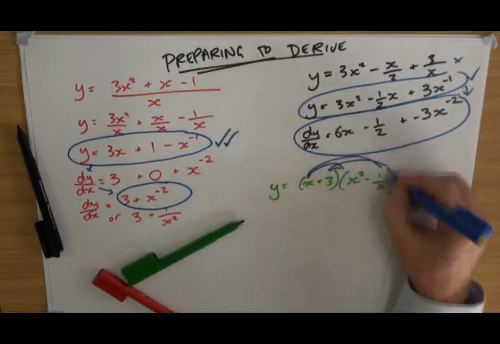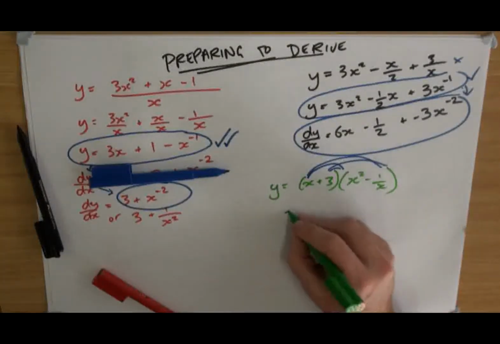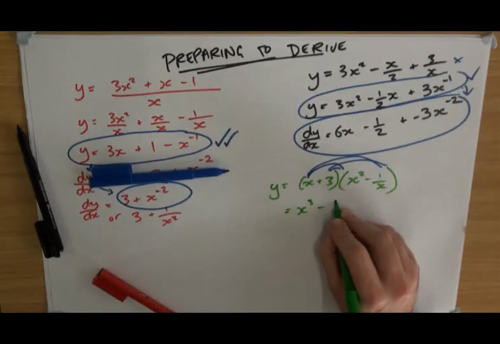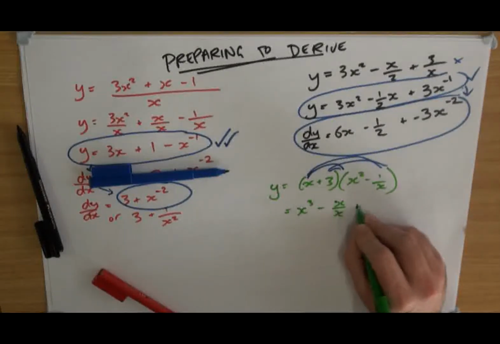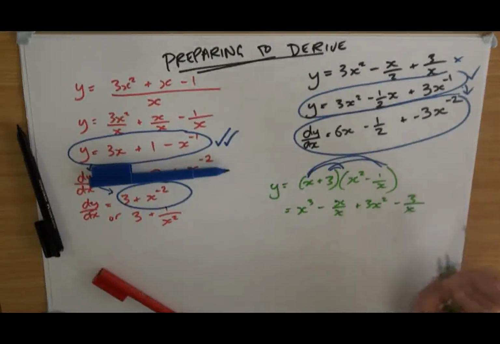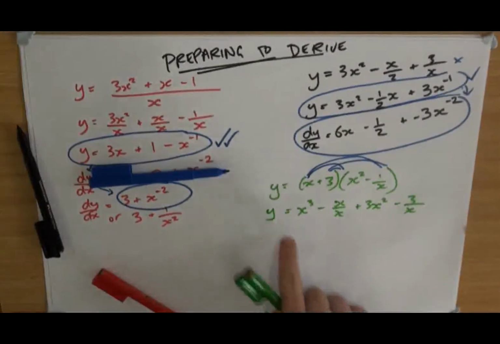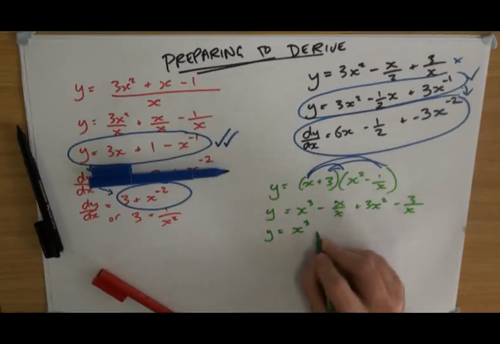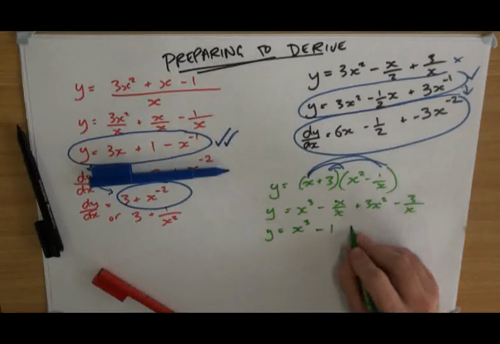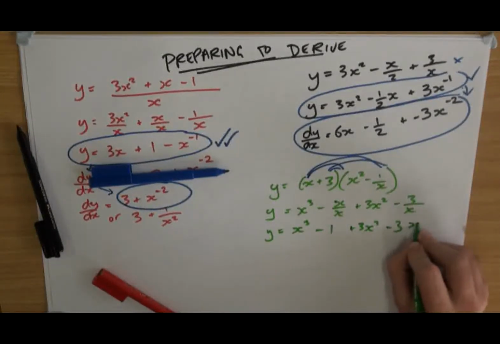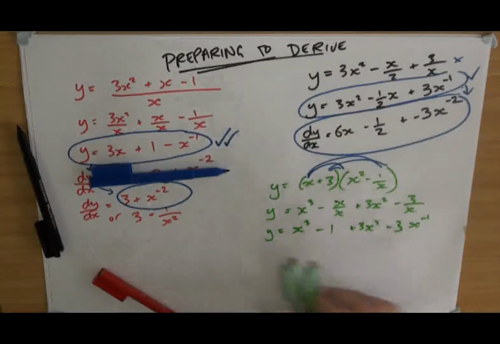We're going to get x cubed minus x over x plus 3x squared minus 3 over x. This is still y, and I'm still not happy with this. Y equals x cubed, I can derive that, that's fine. Minus 1, I can derive 1, that's fine. Plus 3x squared, I can derive that, that's fine. Minus 3x to the negative 1. Now I can derive all that.